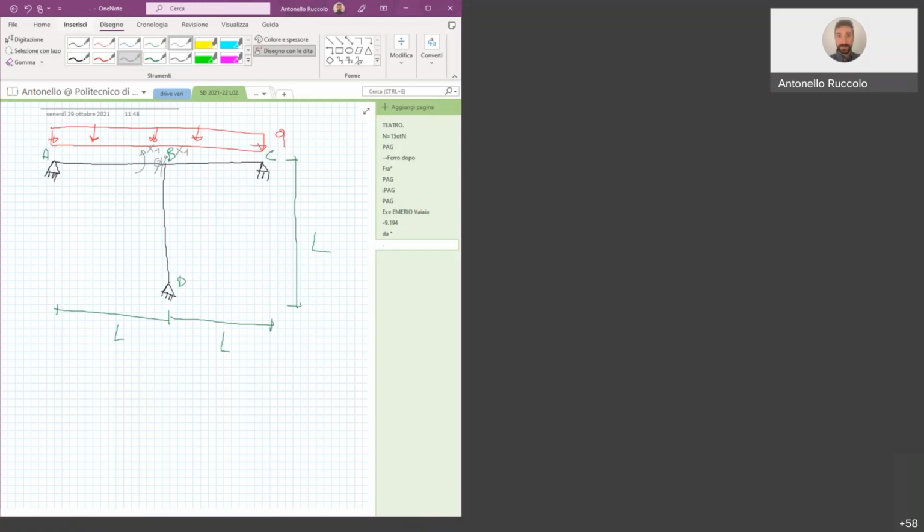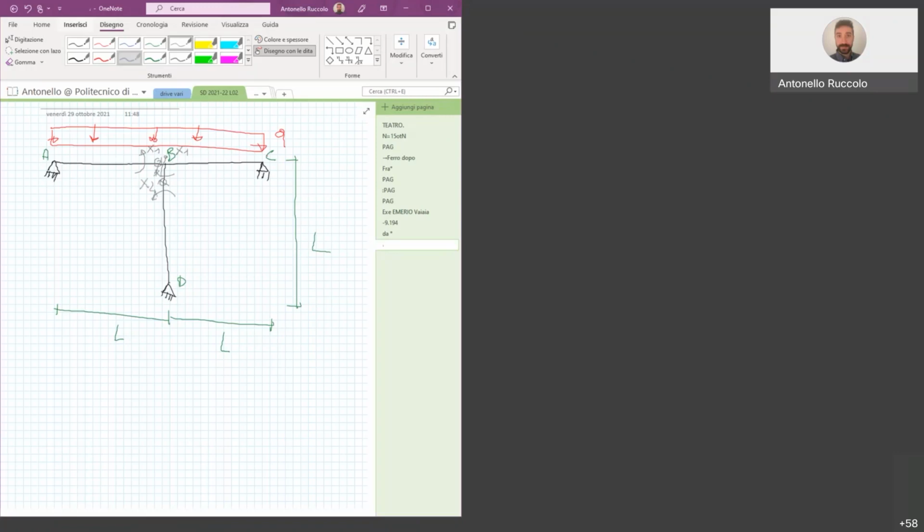So it is x1, and obviously it will be x1 on the other part. The problem is the structure is still redundant, and we can easily understand it. But how can we go on? We can just allow also possibility to rotate here. So we introduce a second hinge here. And in this case, this is the direction of x2.